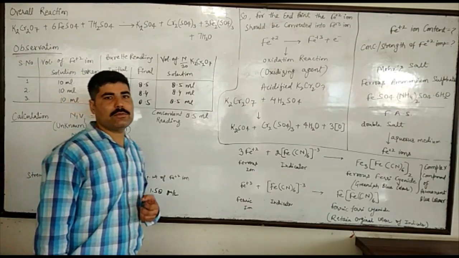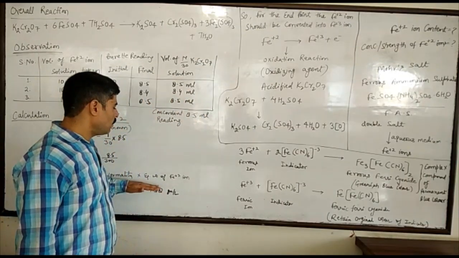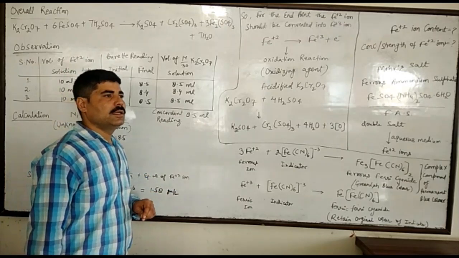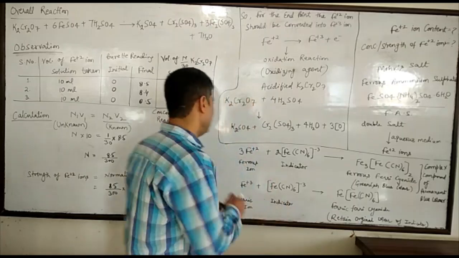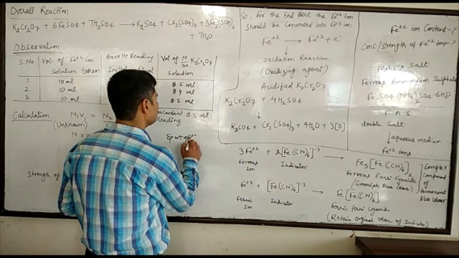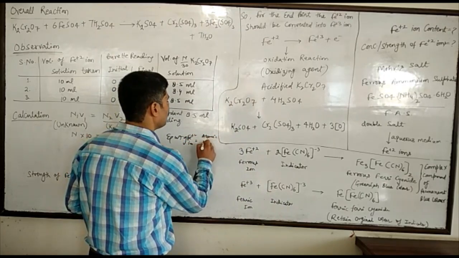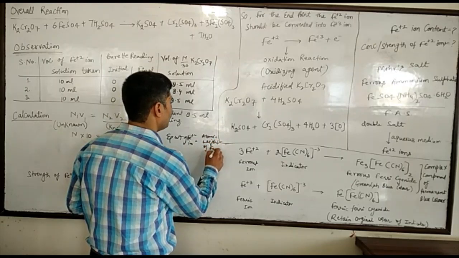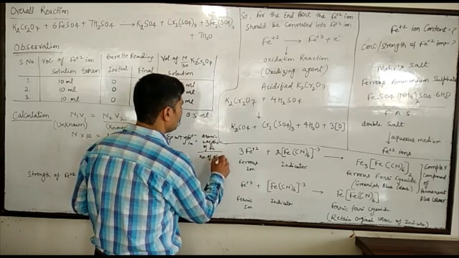Now, how do we calculate the equivalent weight of ferrous ion? The equivalent weight of ferrous ion is calculated in a different way. That is, the equivalent weight of Fe+2 ions is equal to the atomic weight of Fe divided by the number of electrons exchanged during the reaction.